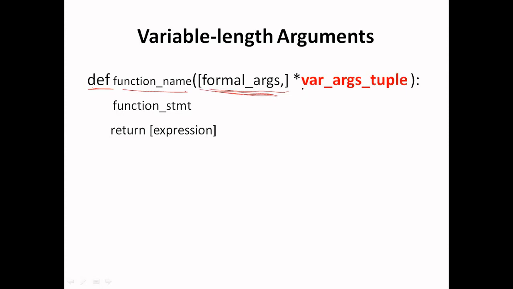After that we can write our variable length argument, which is represented by placing an asterisk symbol before the variable name. Basically it is a tuple which can accommodate any number of parameters, from 0 to any number. After that we can provide any statements with indentation, and then a return statement if required.